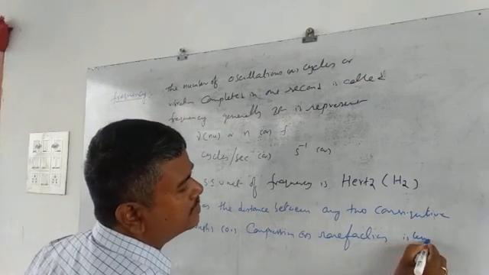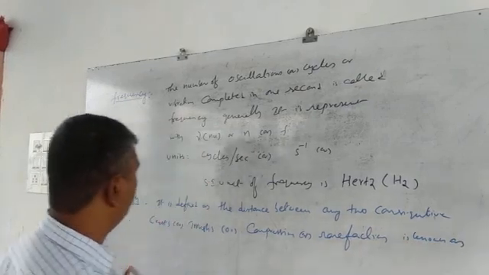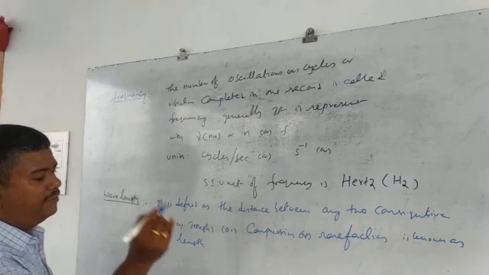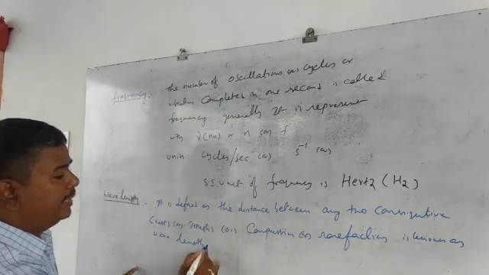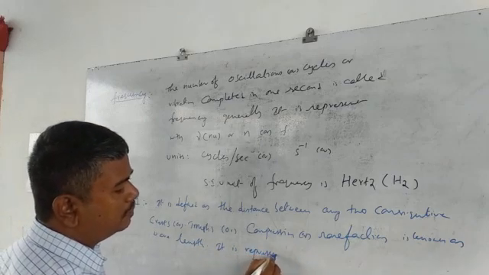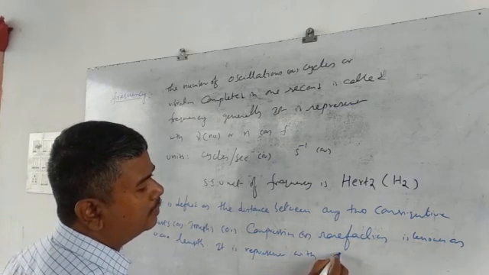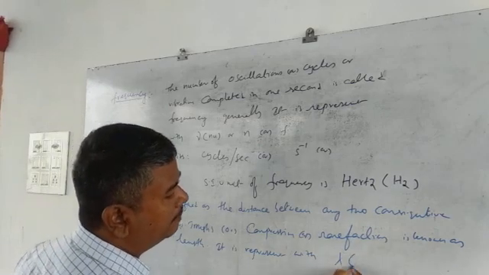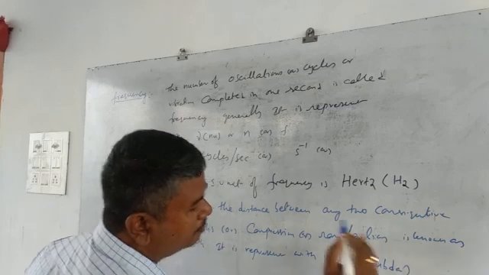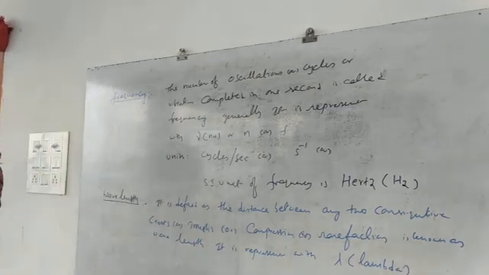It is known as wavelength, and it is represented with lambda.